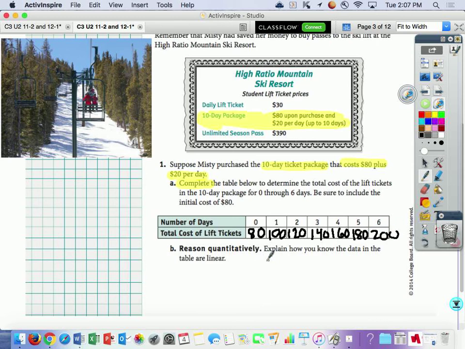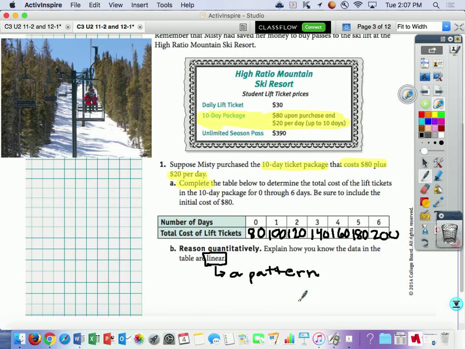All right, explain how you know the data in the table is linear. So linear, that's a word that we're going to have to define. All right, linear means that there is a pattern for the x's and the y's. So there is a pattern, okay?